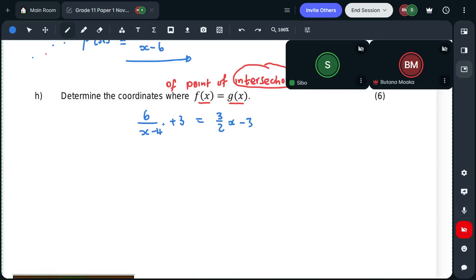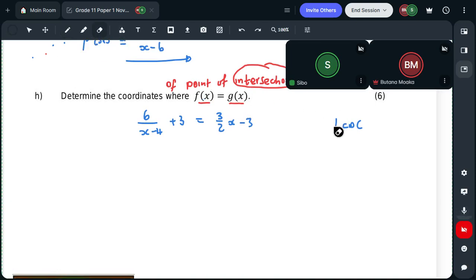So, number one, get rid of these denominators. What will be your LCD? 2 times 2x minus 4. Exactly. You see, that's a very good start.